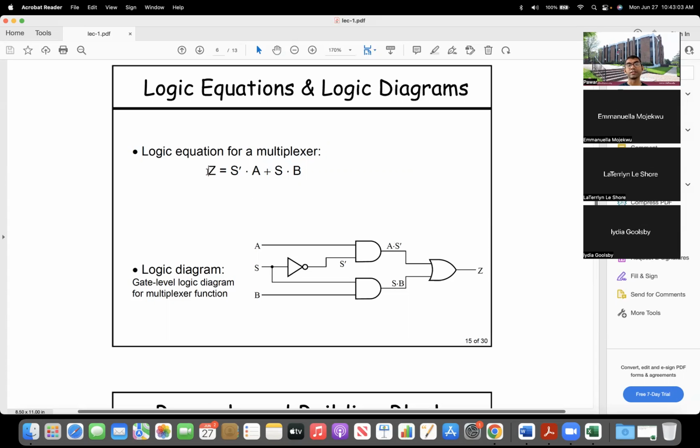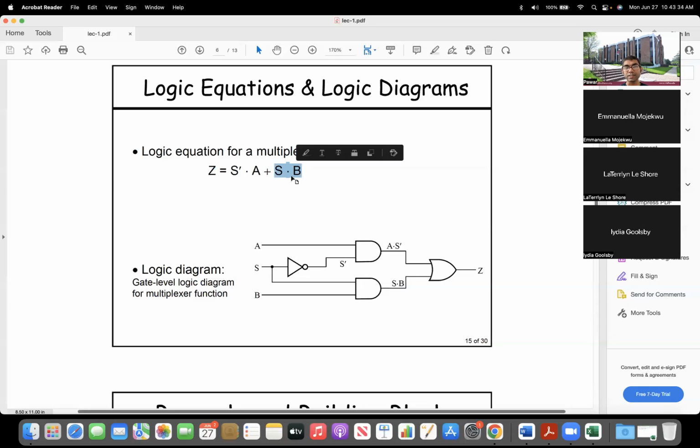So what I'm doing here is this equation illustrates an output Z, which comes by an OR gate, where you first negate S, then AND it with variable A. Similarly, you AND S variable with B variable.